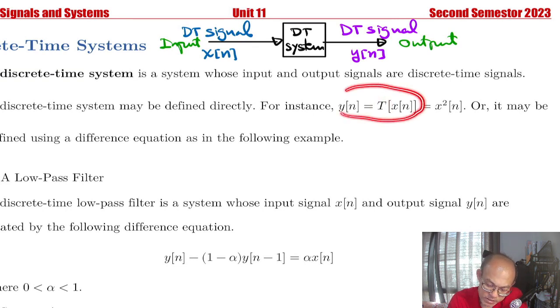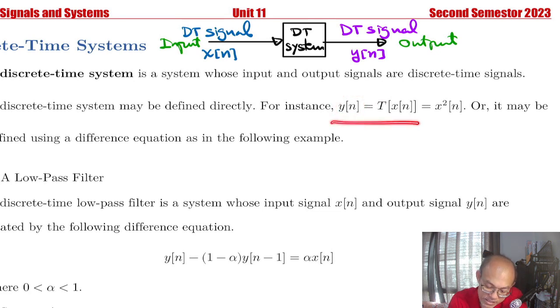So this notation means that y[n] is the output from the system T when the input is x[n]. So we're applying the discrete time signal x[n] as the input to the system T, and the system T will respond with the output signal y[n].